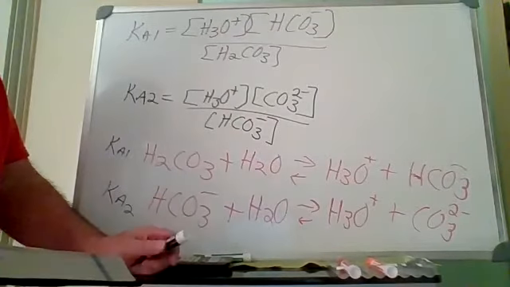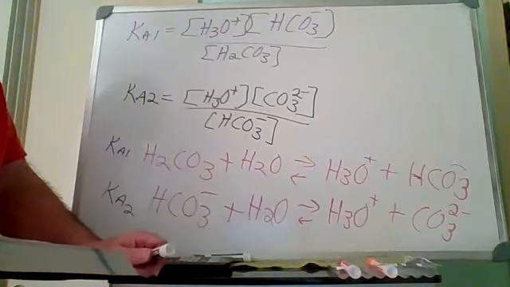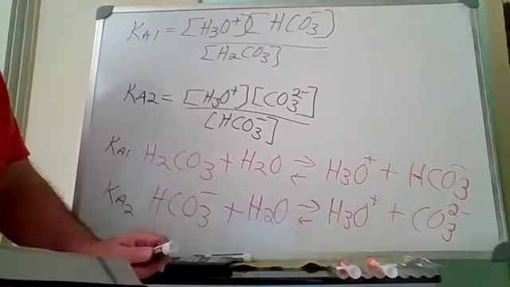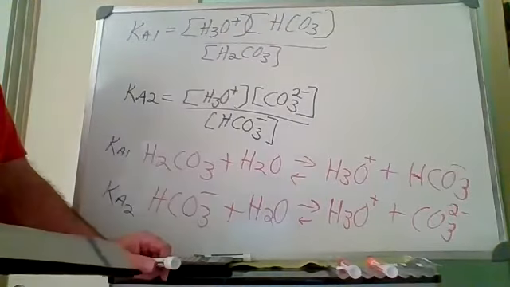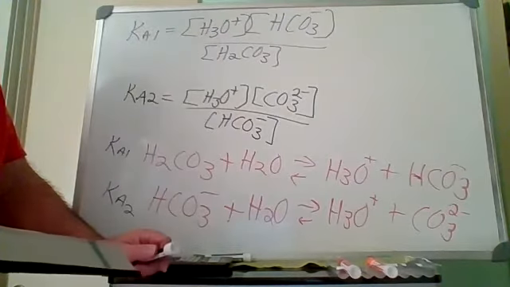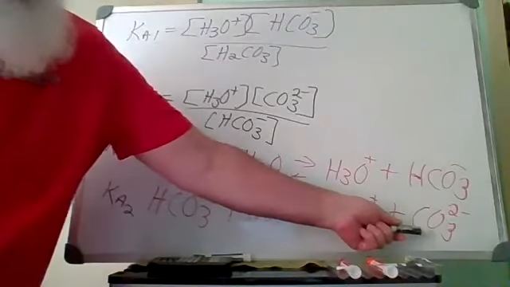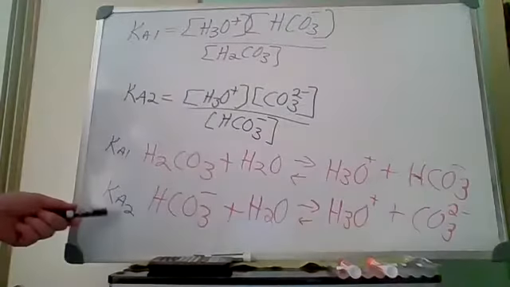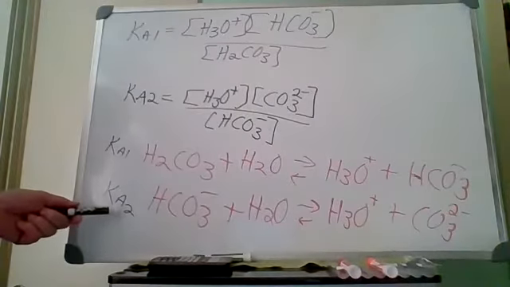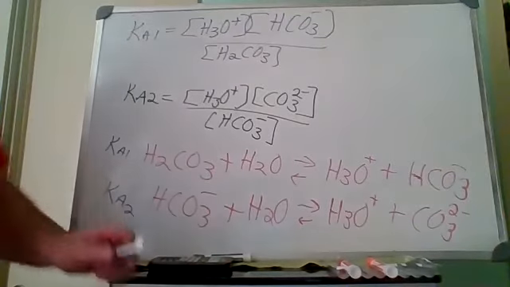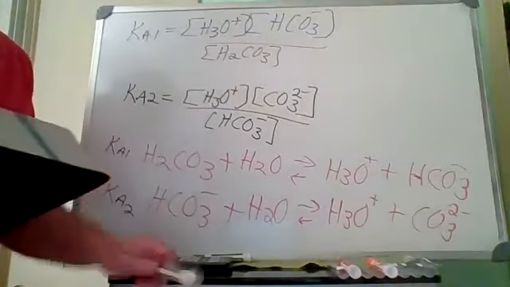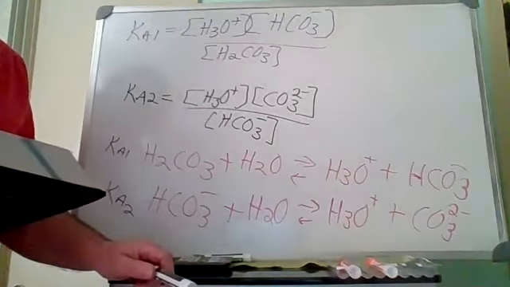Ascorbic acid is a diprotic acid. What's the pH of a 0.1 molar solution? Then you're asked, what is the concentration of the ascorbate anion? The ascorbate anion would be akin to the carbonate anion here. It comes from the removal of the second proton. We're looking at the values for Ka1 and Ka2 there.